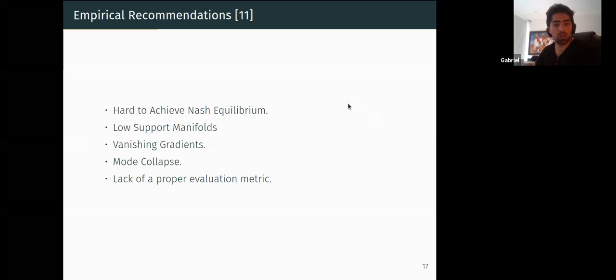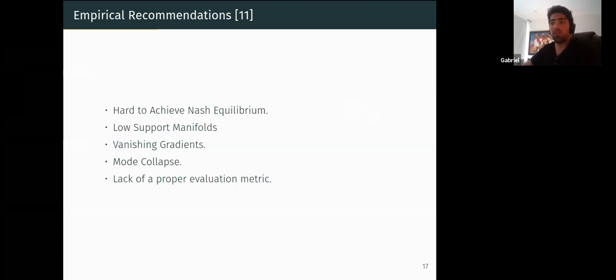We have a hard to achieve Nash equilibrium because we are in a two-player non-cooperative game. So in this case, even if the function is a convex function, the stability is hard to find. We also suffer from low support manifolds and vanishing gradients.